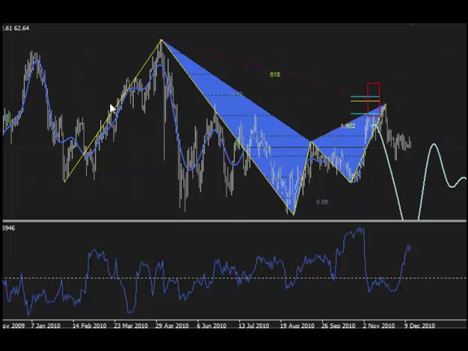Now, where this can play an advantage or a disadvantage is if you look at the smaller patterns. This is a daily, so it's probably not going to play as much of an effect as if it was, say, a 15-minute or a 5-minute. But if you were to look at some of these smaller term patterns, one pip going in either direction can cause this whole ratio, this 168, to be something different.